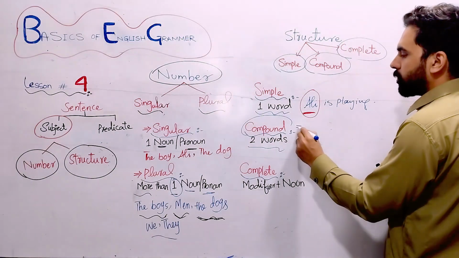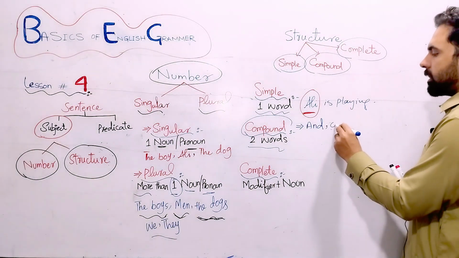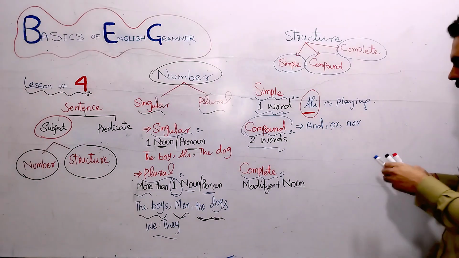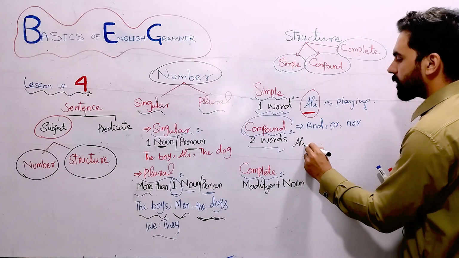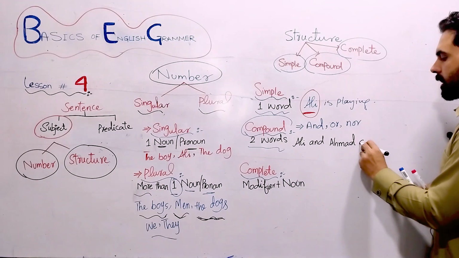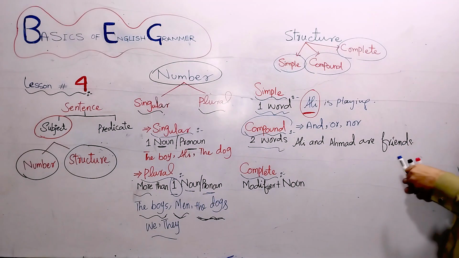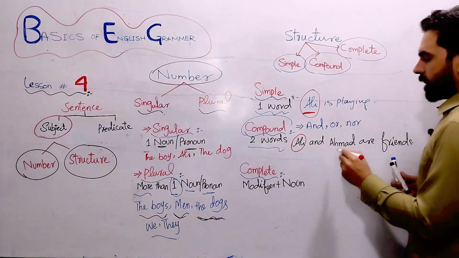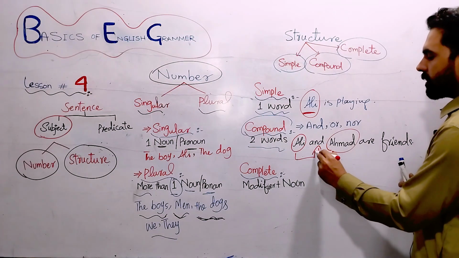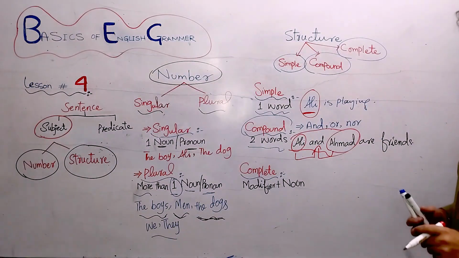Compound subjects are formed by adding words like and, or, nor, etc. For example, if I say Ali and Ahmad are friends. Look here, there is the first noun Ali and there is the second noun Ahmad, and these two nouns are attached by this word and. So such subjects are called compound subjects.